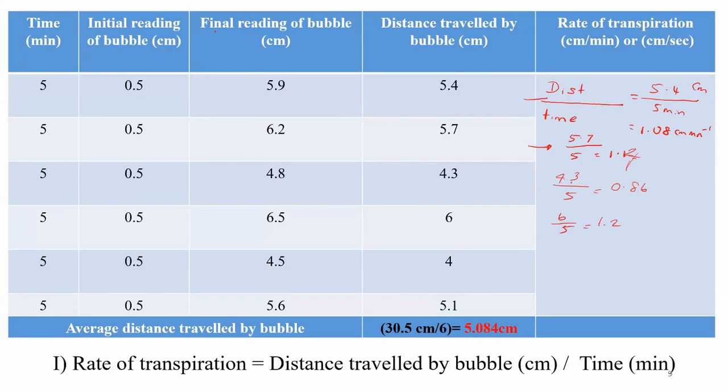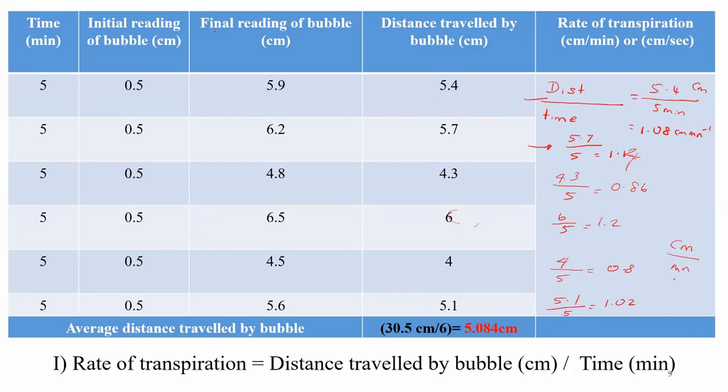Then again, 4.3 distance traveled over time gives 0.86. Here the distance traveled by the bubble is 6 over time 5, equal to 1.2. Then 4 centimeter over 5 minutes gives 0.8. And here 5.1 over 5 minutes gives 1.02 centimeter per minute. So here we calculated the unit centimeter per minute.